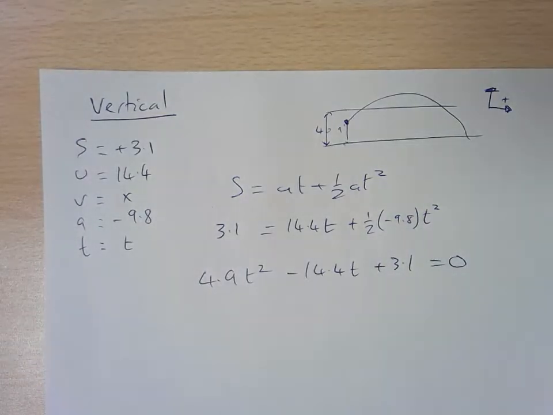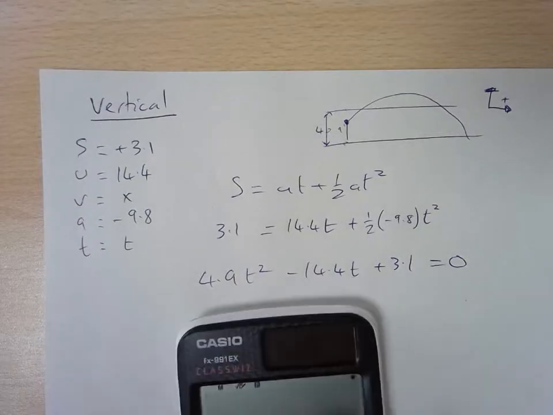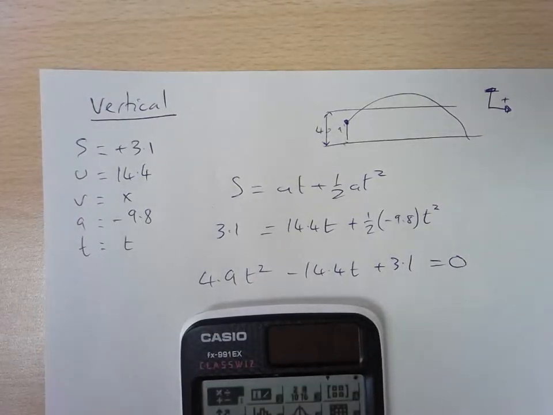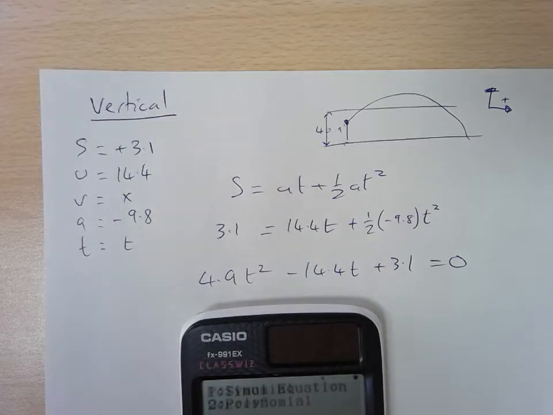This looks like the kind of quadratic our calculator should be doing for us, so I'm going to use the quadratic equation solver on my calculator to get this. It's a polynomial of degree 2. Polynomial just means multiple powers, and it's degree 2, so it's quadratic.